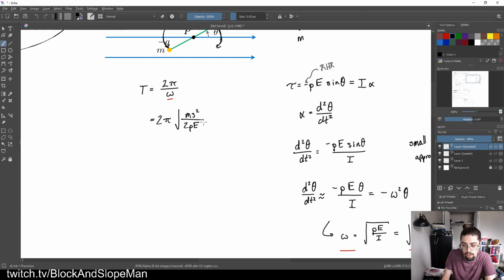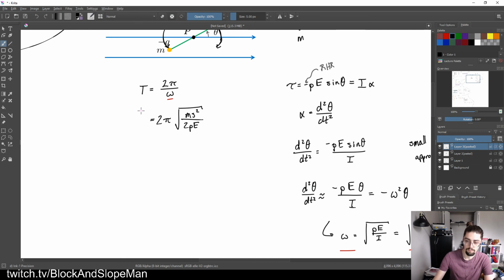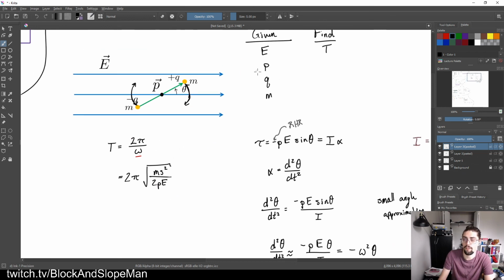Now I run into one last issue before I end this thing. What do they want us to find this in? Q, S, E, and M. The last thing that I'm going to need to do is replace this P. We're not given P, we're given S instead. My mistake.